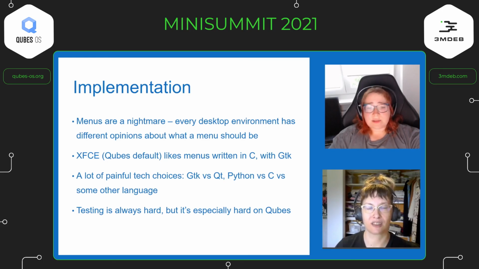And of course, there's a big problem of testing this because the new app menu is only going to be supported on Qubes 4.1 and newer, because it uses a lot of fancy new interesting API stuff that 4.1 provides, about which I think there was already a talk by Marta Marczykowska, so you may have already heard about it.